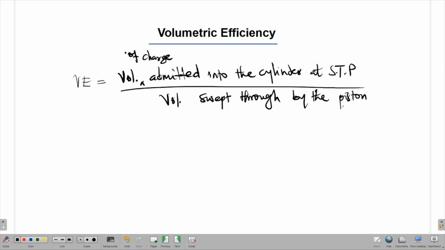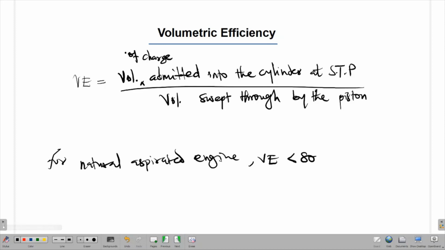In a modern naturally aspirated engine, the volumetric efficiency is less than 80%. The value of the volumetric efficiency depends on several factors, including the engine speed, the compression ratio, inlet charge temperature, and mixture strength.